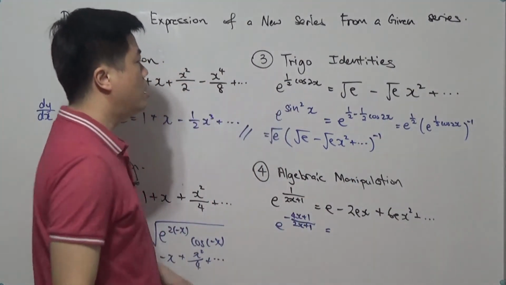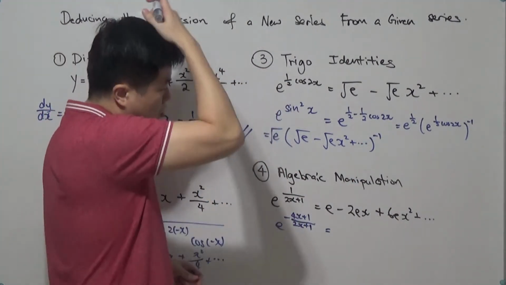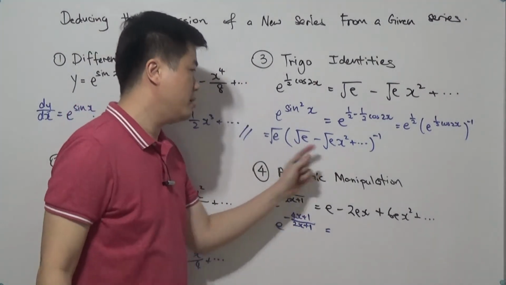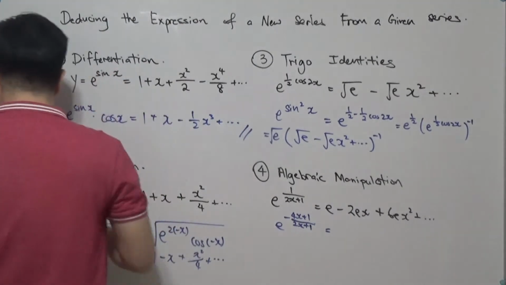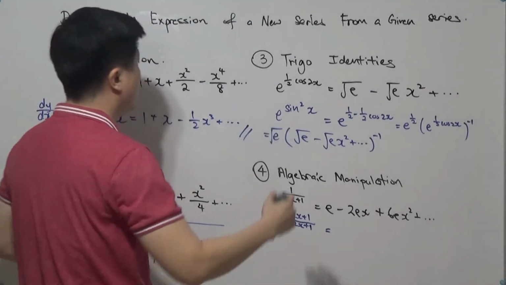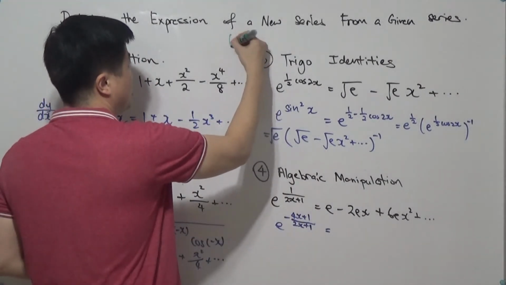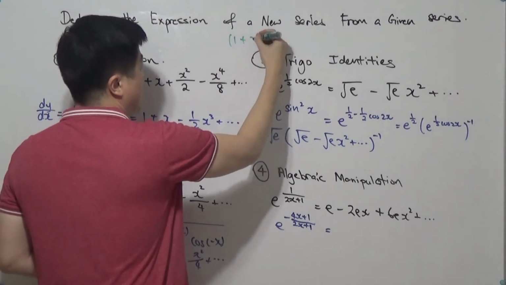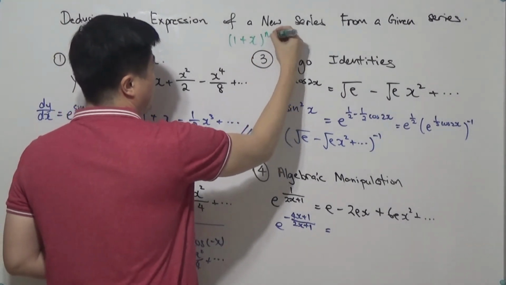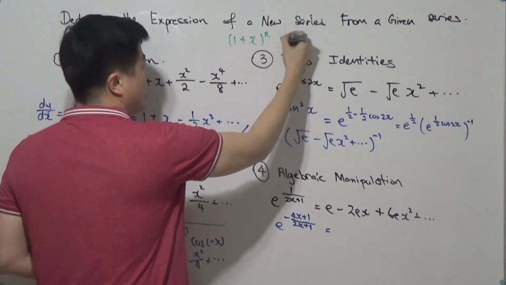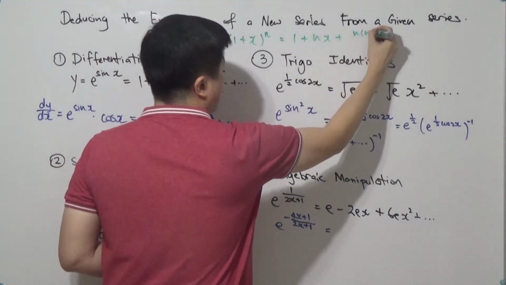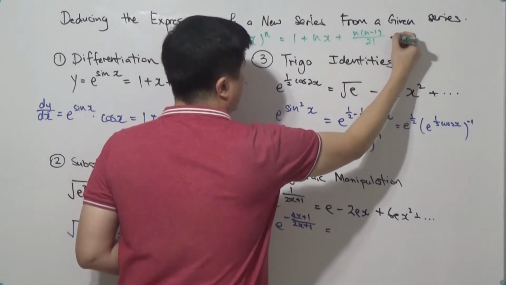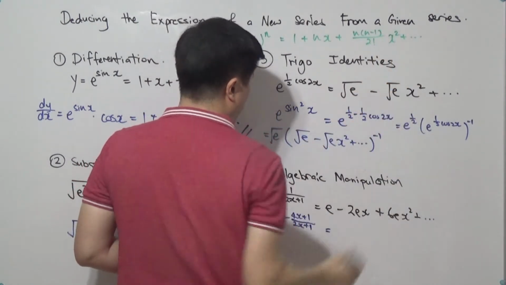In order to expand this, or rather simplify this, we see from our MF26 that we will have to use the equation. I'm going to write it over here. The MF26 formula sheet has this for the Maclaurin expansion, which is (1 plus x) to the power n, equals 1 plus nx, plus n(n minus 1) over 2 factorial x squared plus dot dot dot, and so on and so forth.